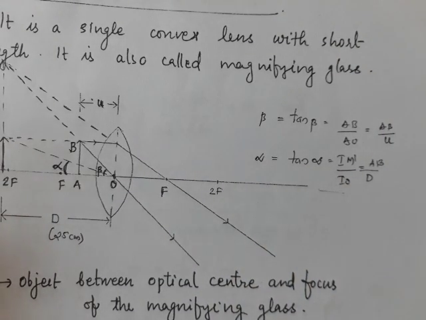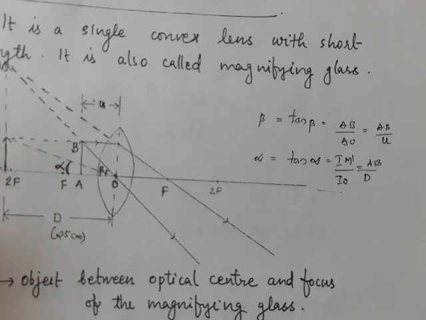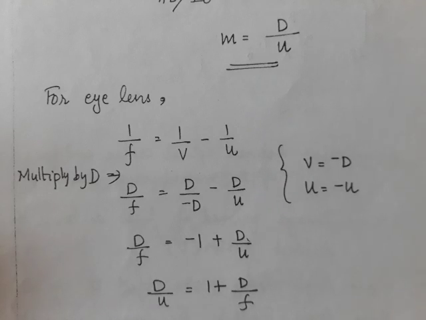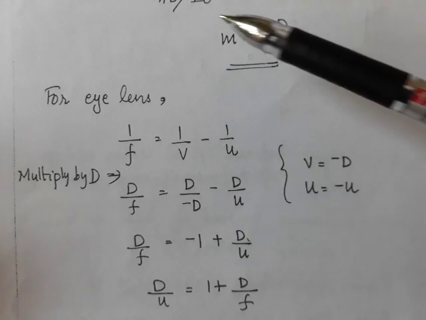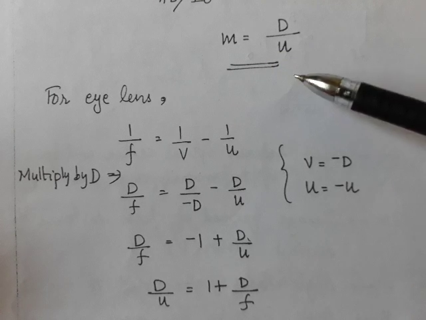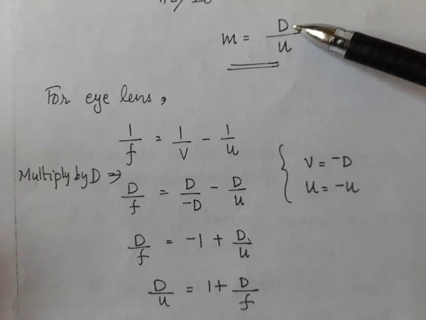So if you divide these two, what you get is D by U. That is the magnification produced by a simple microscope, D divided by U. D is 25 centimeter, our least distance of distinct vision.